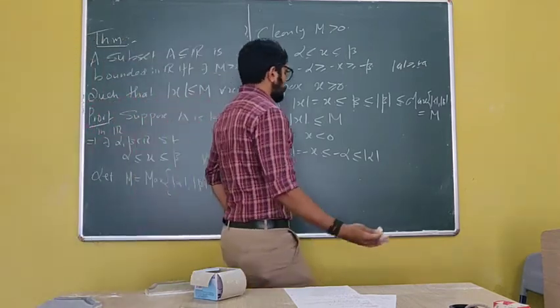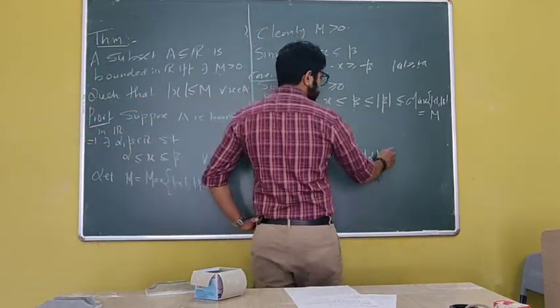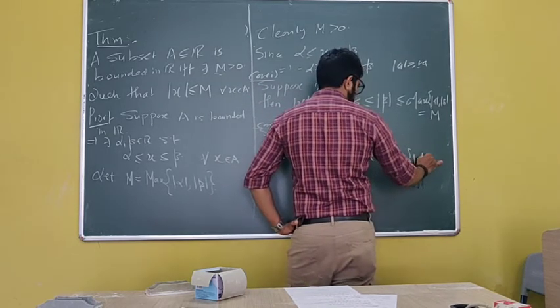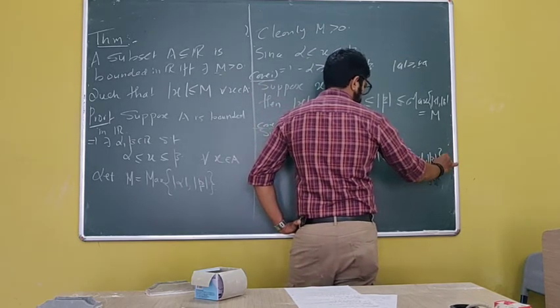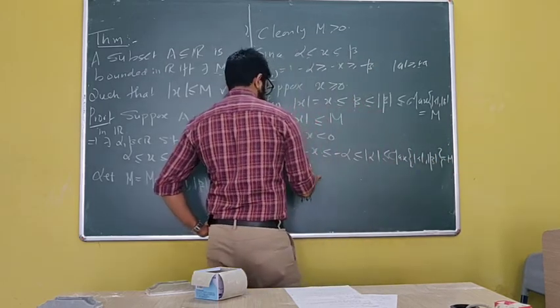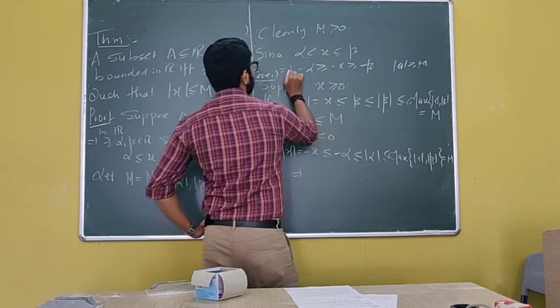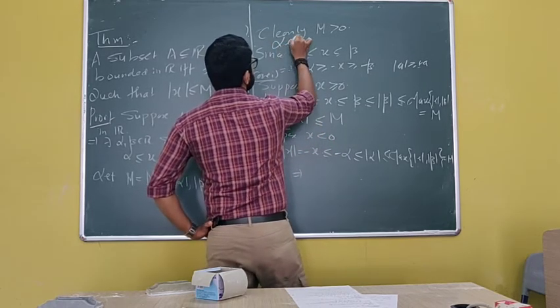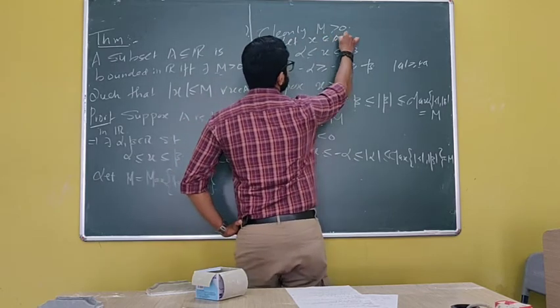This is less than or equal to the maximum of alpha, beta, which is M. So I'll start with x belonging to the set.